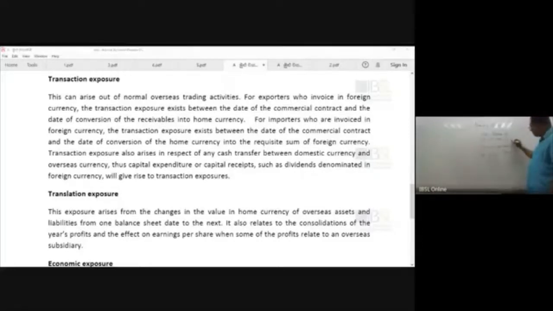Therefore, interest rate differential, not difference, differential, is 9% per annum. Right.